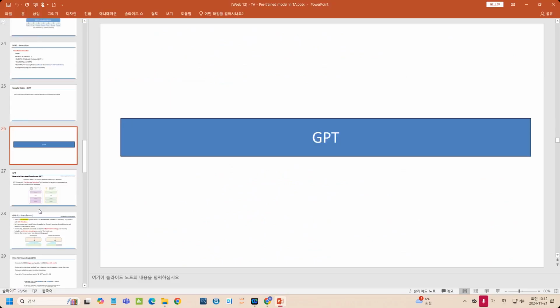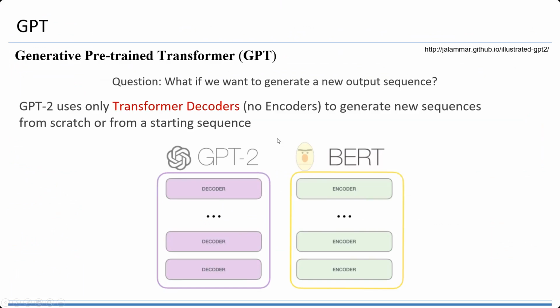Okay, now let's go back to the slide, and I would like to explain about GPT. What is GPT? The word GPT means generative pre-trained transformer.